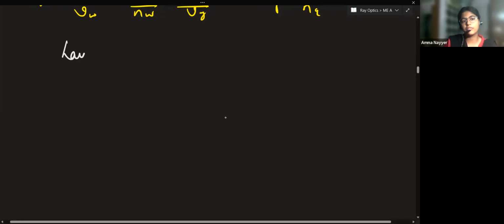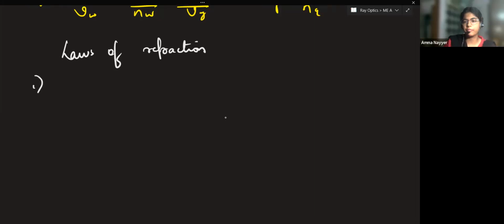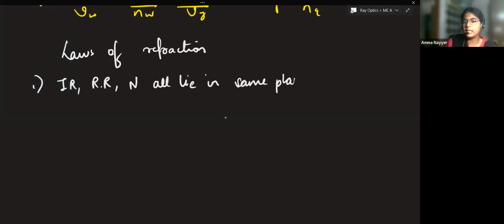See, basically in the laws of refraction, one statement remains the same: the incident ray, refracted ray, and the normal all lie in the same plane. This is not the reflected ray, this is the refracted ray.